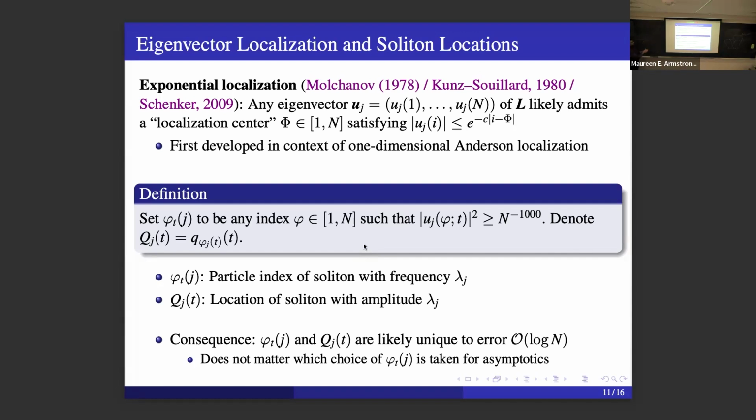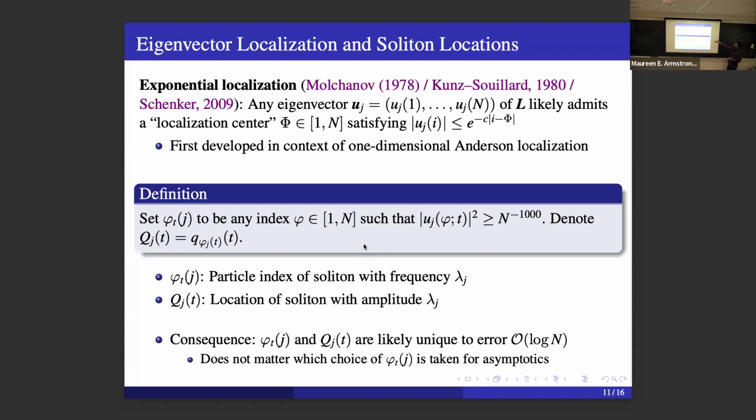Depending on where the associated eigenvector is localized, I will define the Q's accordingly. So that's an exact match between the Q's and the phi's. This is just my straight definition for what the soliton locations or positions are. You should think of phi_t(j) as the index of the soliton with frequency or amplitude lambda_j, and you should think of Q_j(t) as its location, its position.